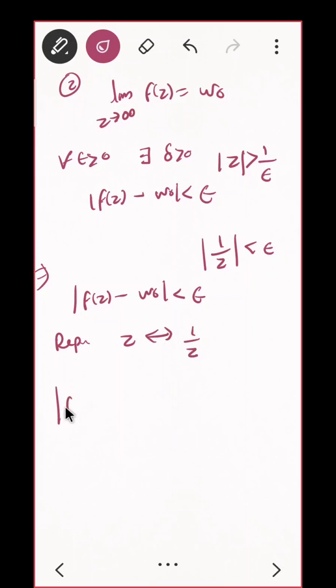So you will have mod of f of 1 by z minus w naught less than epsilon, whenever 1 by z, that is, z is less than delta. I should write delta here, yes. You people don't even say anything.